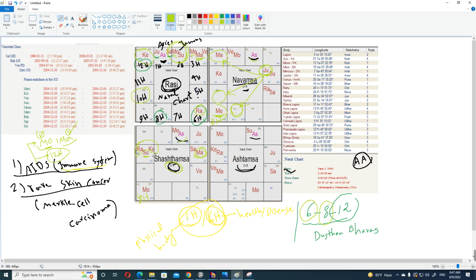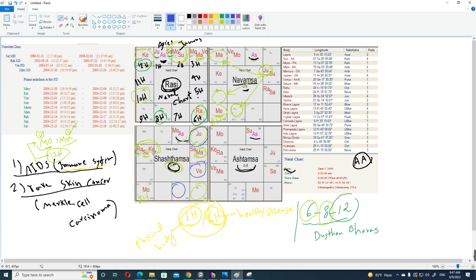I told you that for nodes, you start from them and move clockwise in any divisional chart or the main chart. First, second, 1, 2, 3, 4, 5, 6, 7, 8, 9.